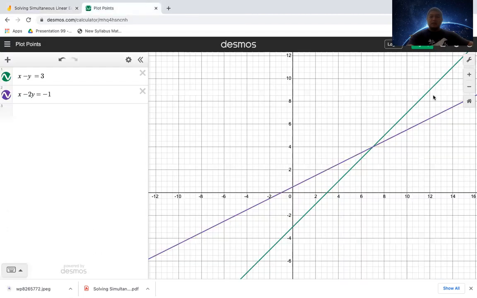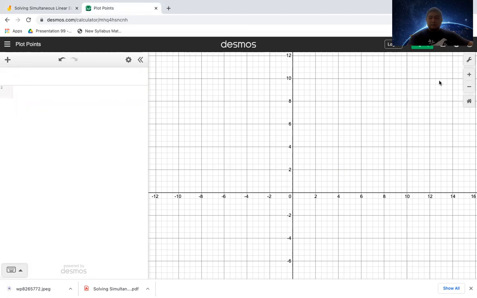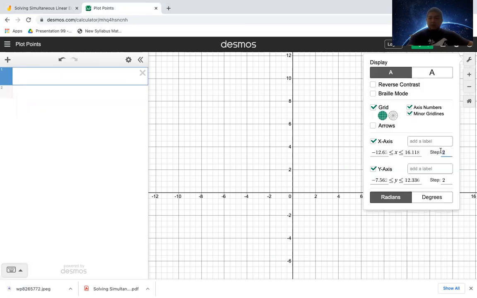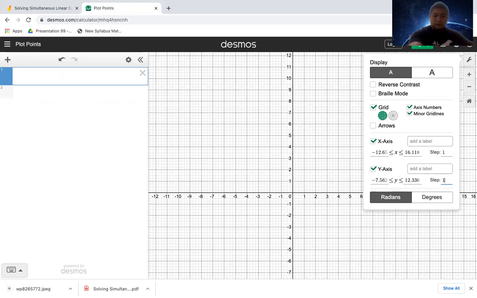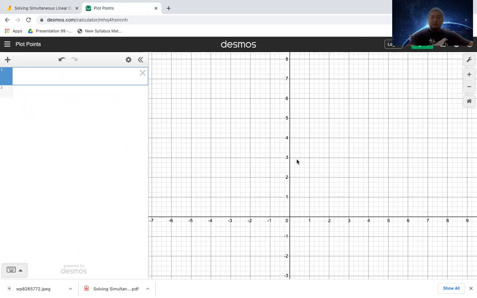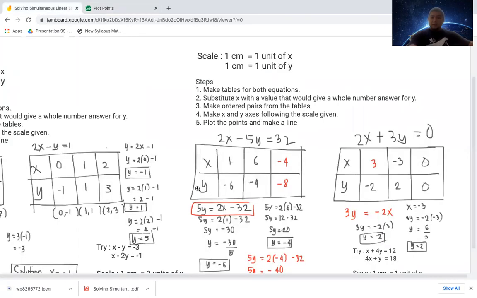So now you're going to make your graphing paper and arrange it in such a way that you will have a scale of 1 centimeter for the value of x and 1 centimeter for the value of y. So this is what you guys are going to have now. So the same procedure, we plot these points.